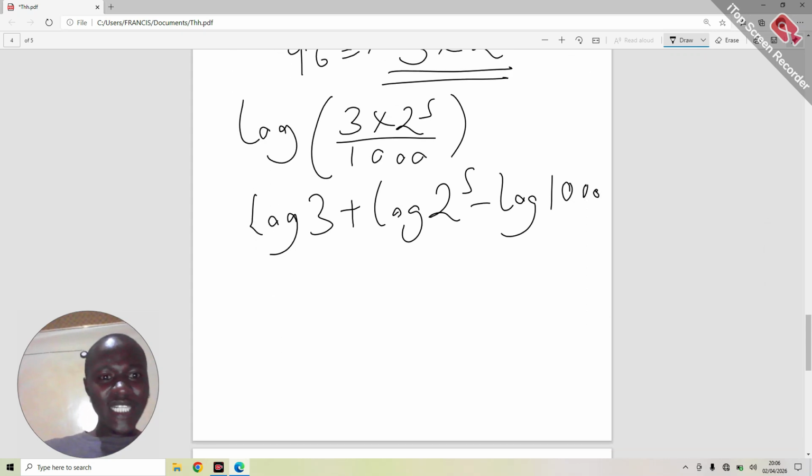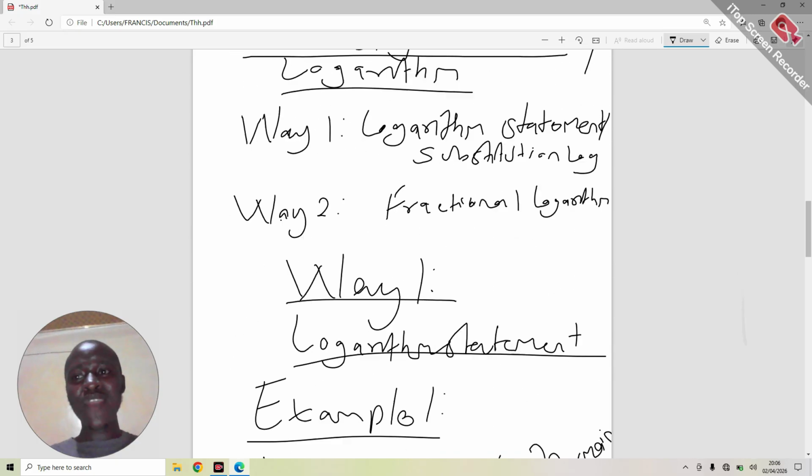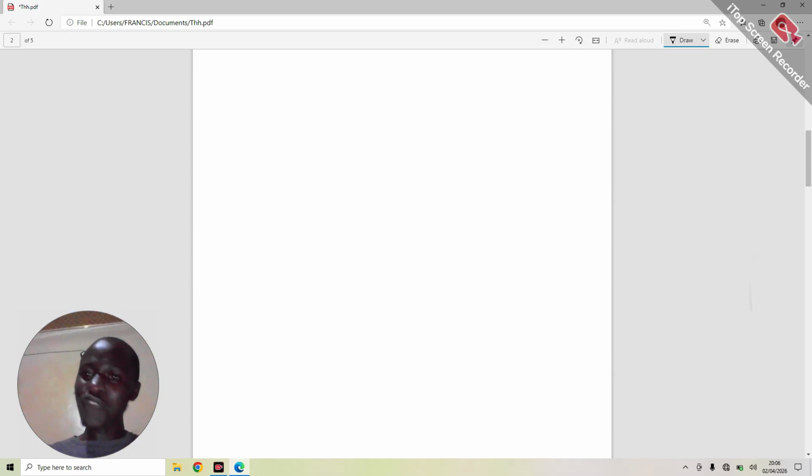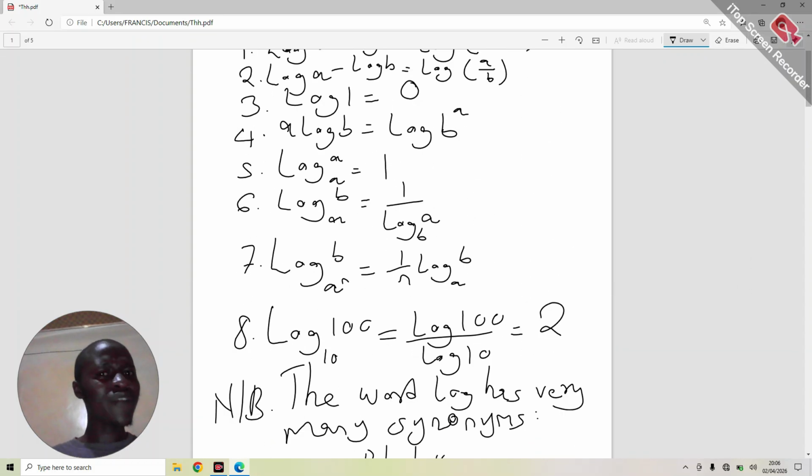Let us continue. We have log 3 plus, remember, there is a certain law here. Whenever you are doing revision, you refer back, to remember that content every now and then, for it to stick in your mind.